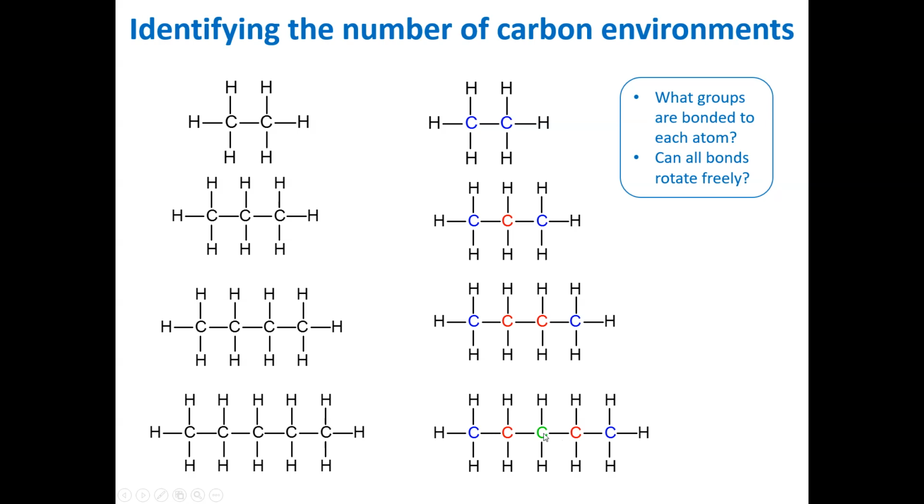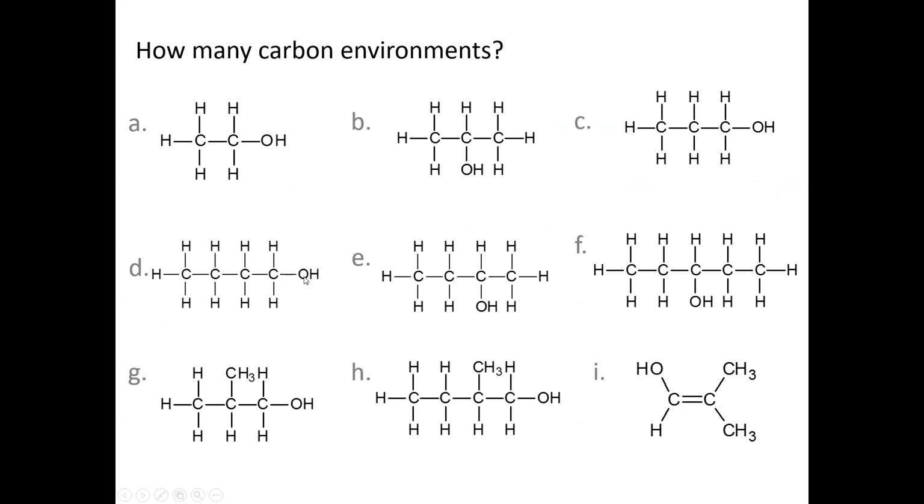The green carbon has got different neighbors to the red carbon, but the 2 red carbons have got identical neighbors, and then the 2 end ones also have identical neighbors to each other. So here's some practice. Work out which ones these are, and then here are the answers now.